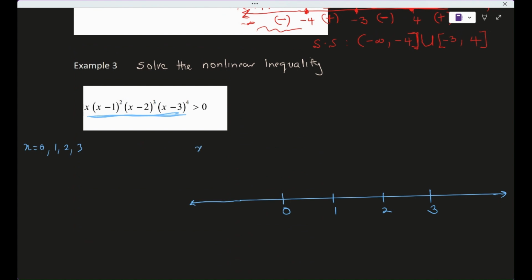The factor we have x, we have x minus 1 squared, x minus 2 cubed, and what? x minus 3 to power 4. So if you look at this, what do we need to do? Here, all the zeros will be open because there is no equals to 0. So we just open them all up.